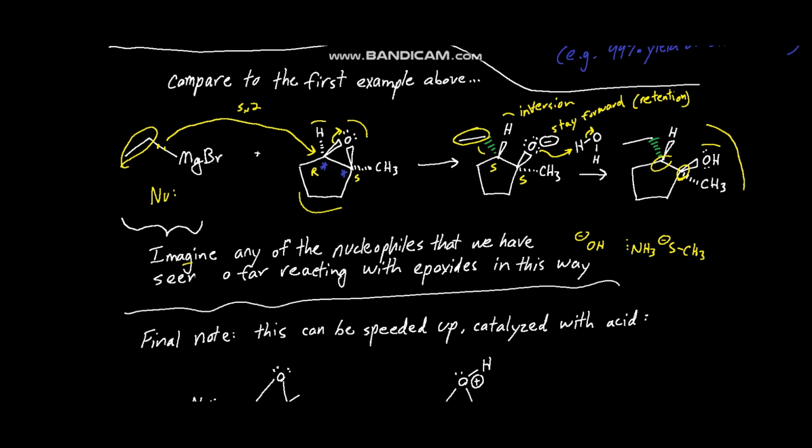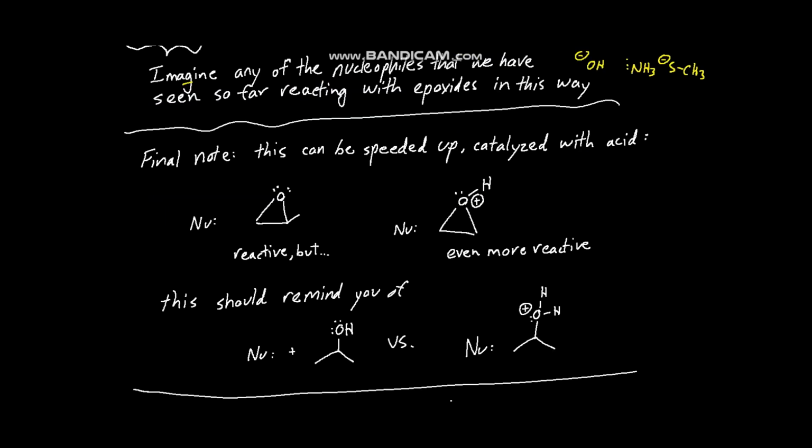Okay, so there's a final note, and you'll see this in your reading as well. You can catalyze this, in other words, speed it up. If you take a look, here's a nucleophile. Sure, this reaction can happen for reasons that we showed above, so it's reactive. But, especially in the case of a non-charged nucleophile like this, we can protonate first with acid.